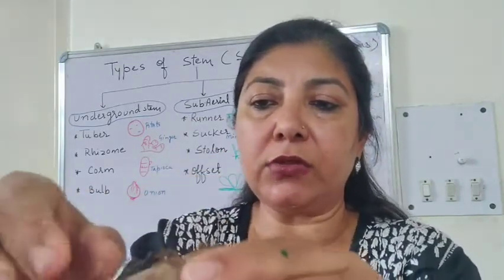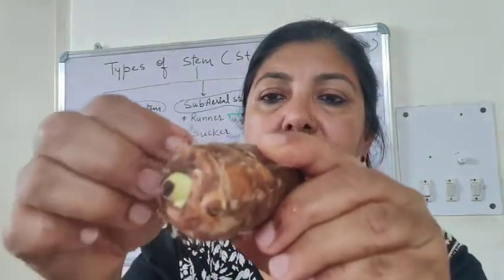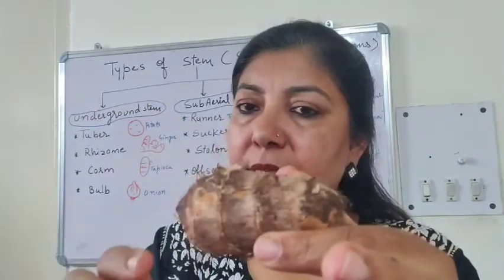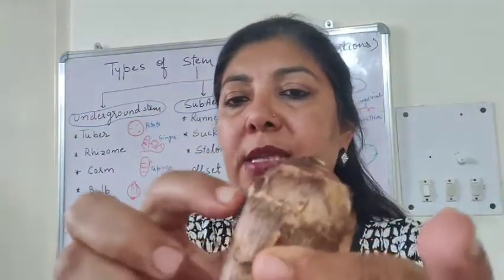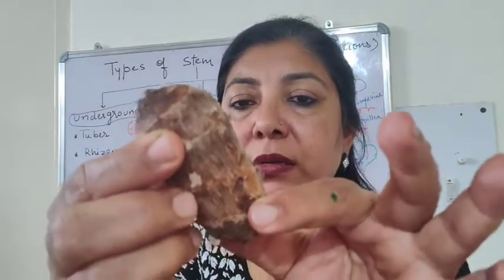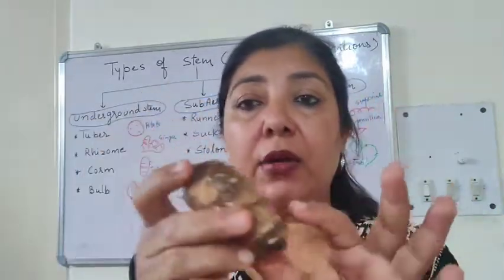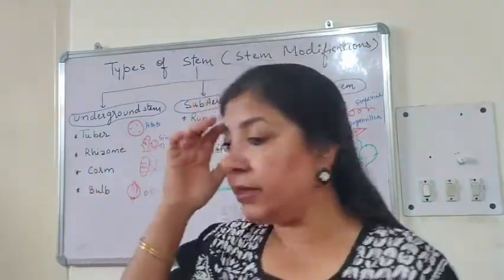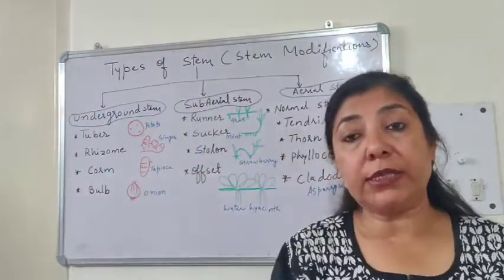You can just take them out. These structures which you just scrape out are the scaly leaves. And they've got buds. At the nodes you can see there are adventitious buds. So these are not roots. These are stems.